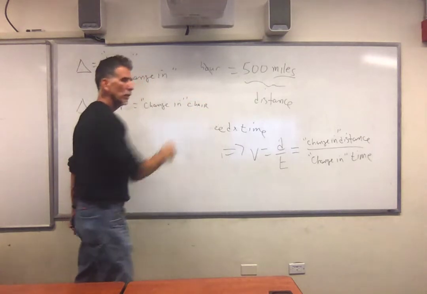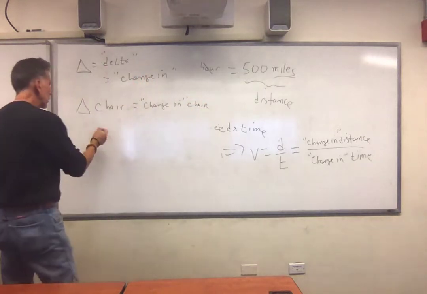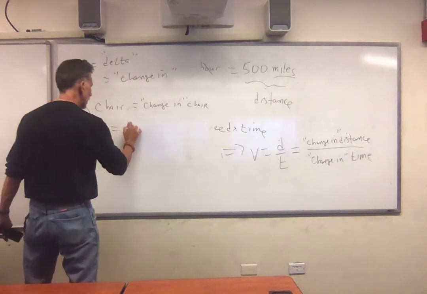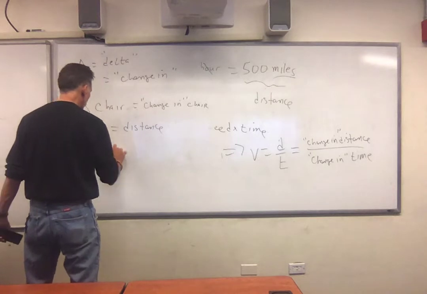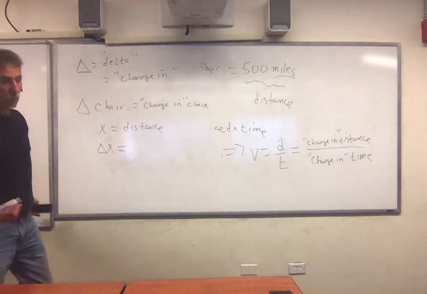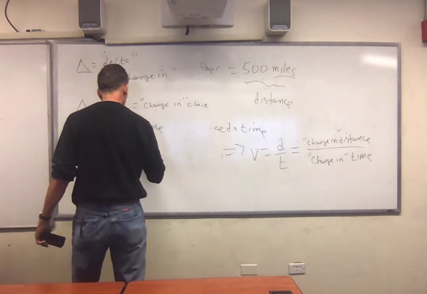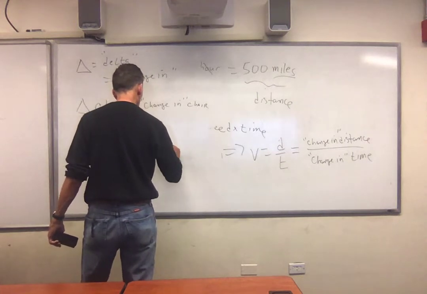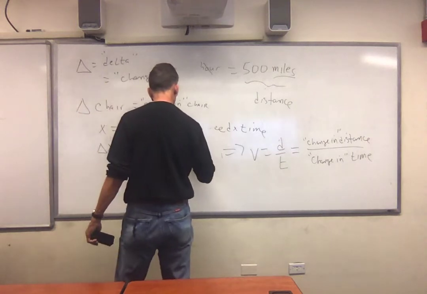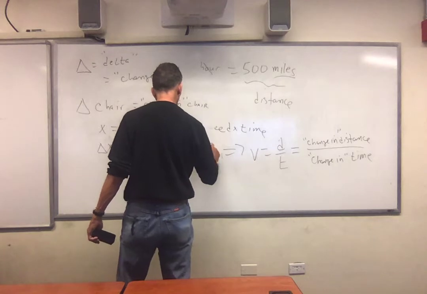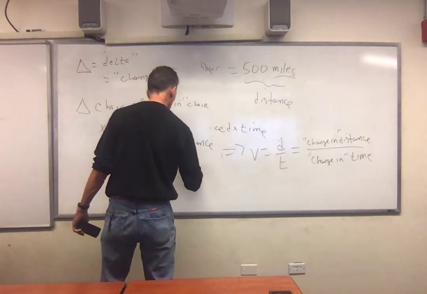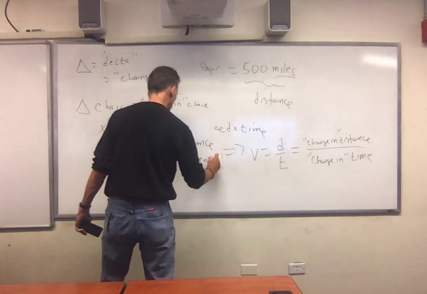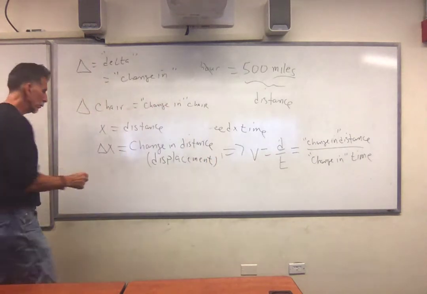Okay? Silly. So if I represent x as distance, then what does delta x mean? Well, delta x just means change in distance. Also known as displacement. Okay? You tell me, what is delta t?